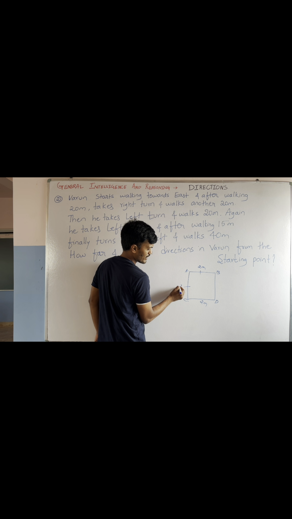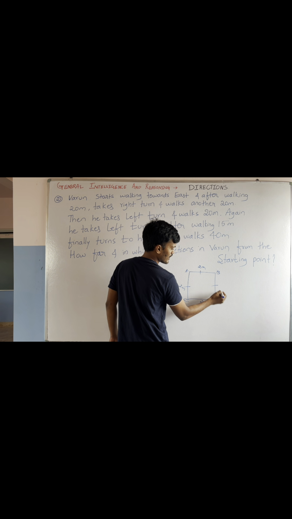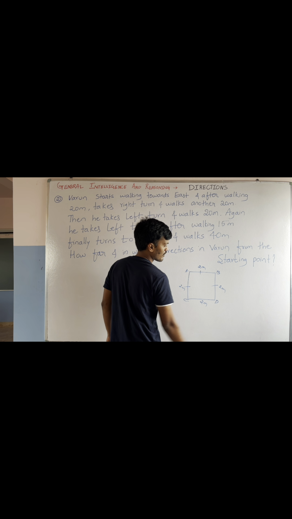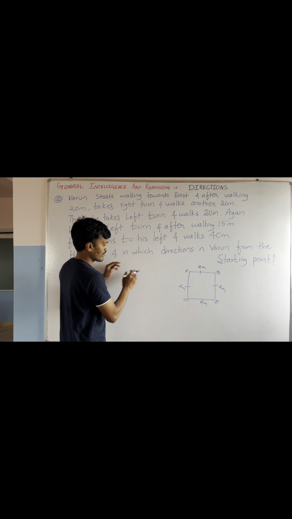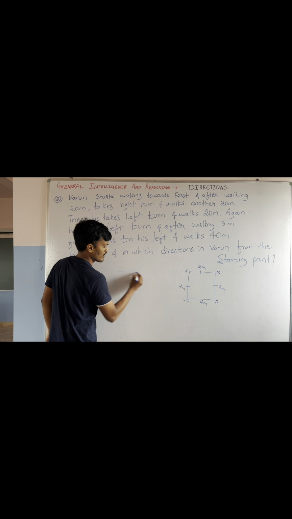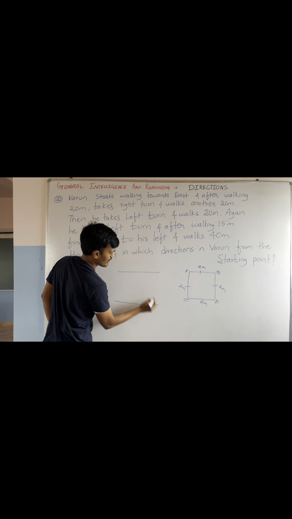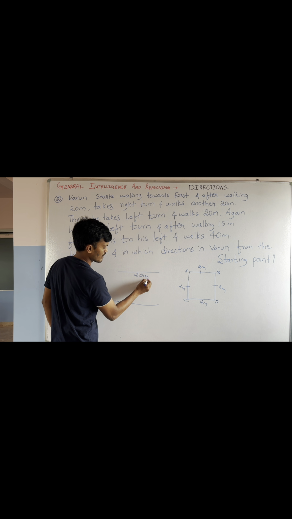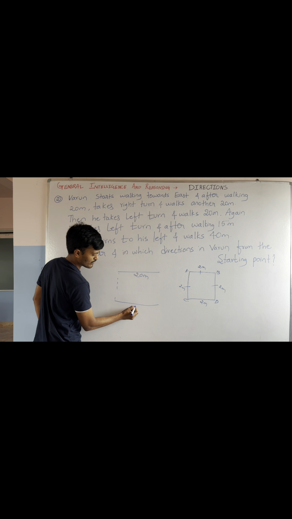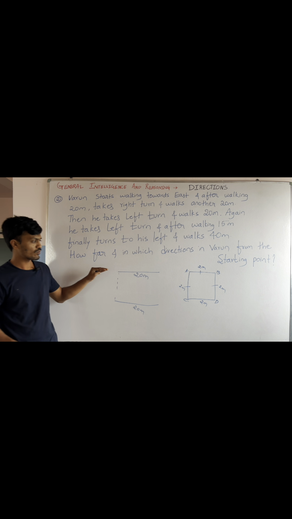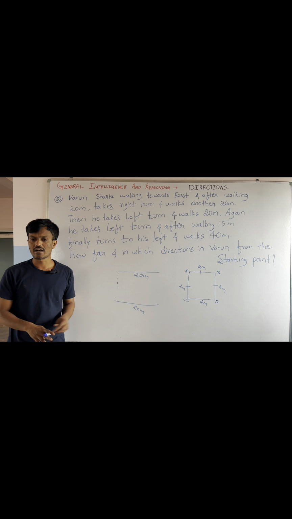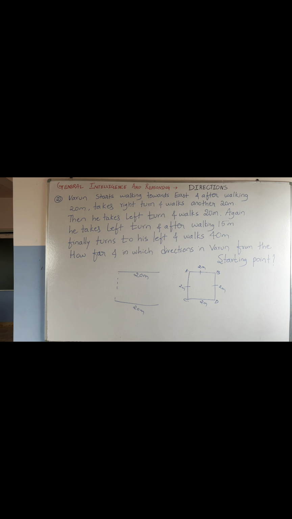AC is 2 meter and BD is also 2 meter. So now if a direction shows a rectangle, here there is 20 meter, here also 20 meter.